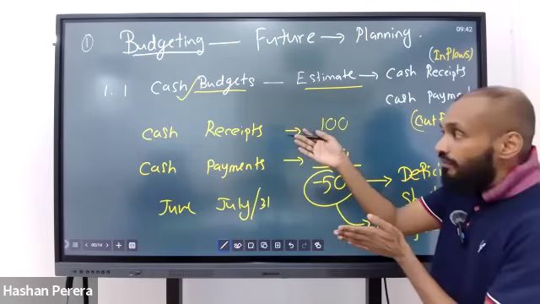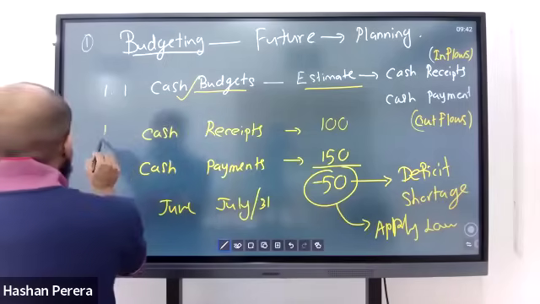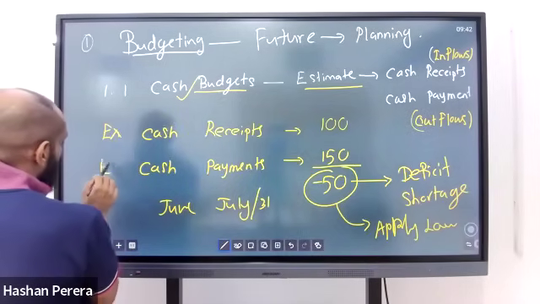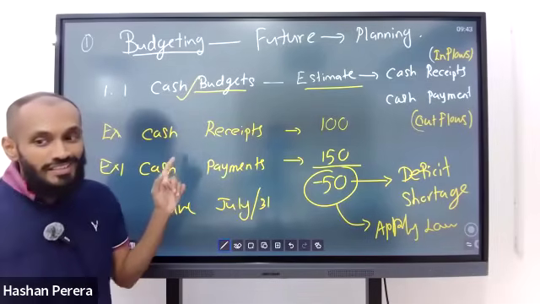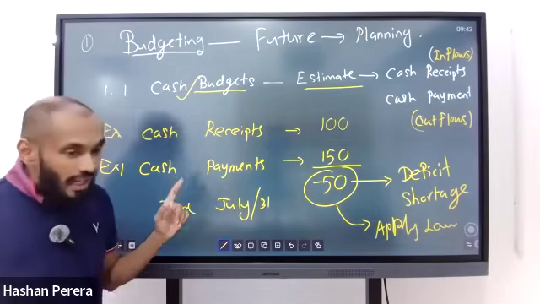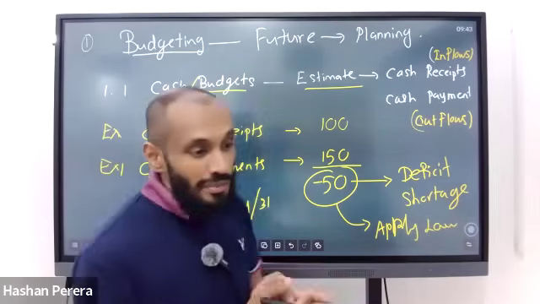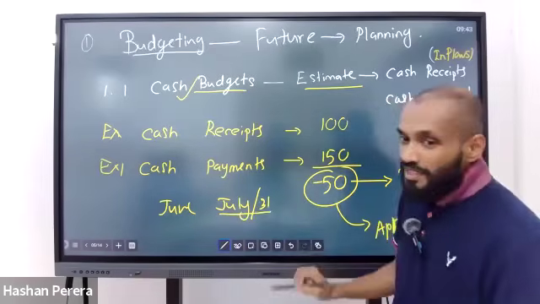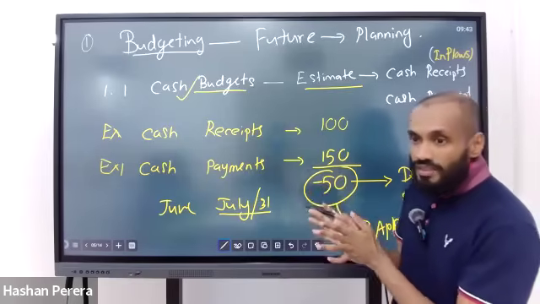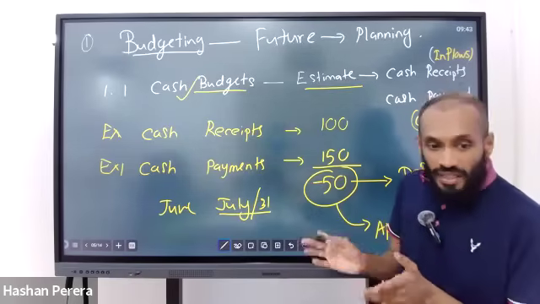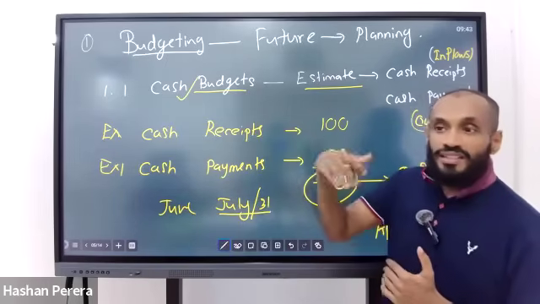So we can compare what we prepared as expected cash receipts and expected cash payments in June with the actual cash receipts and actual cash payments. By comparing that, we can identify whether we have done it properly, whether there are any deviations or variations, and we can correct ourselves when we are preparing the future budget.